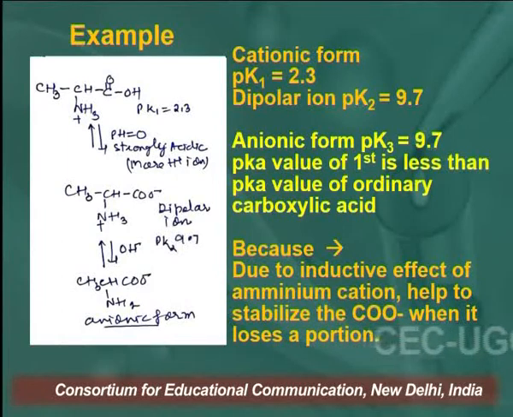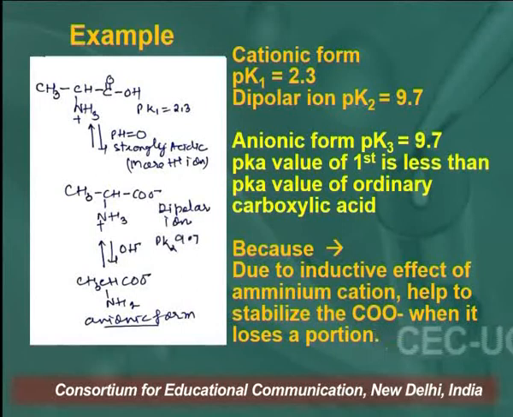Similarly, in anionic form, pKa3, which I have represented here, that is the pKa value of the first, is less than the pKa value of an ordinary carboxylic acid. What is the reason? Due to the inductive effect, we are having an NH3 group.